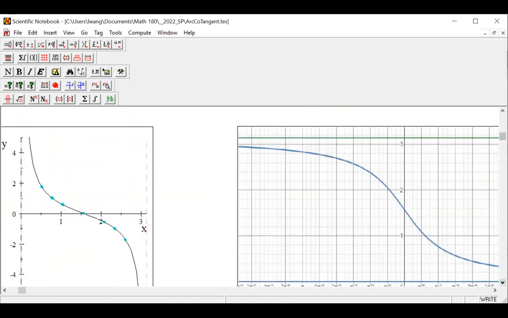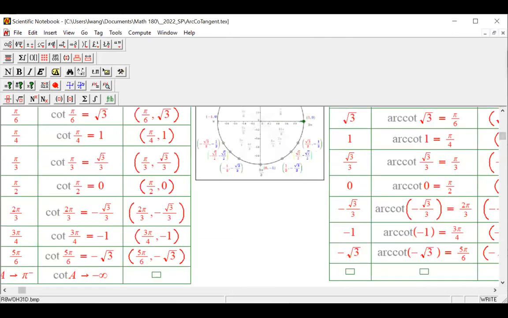I'm going to show you the picture later on. And for the pi, when the angle approaches pi from smaller than pi, the cotangent ratio approaches negative infinity.